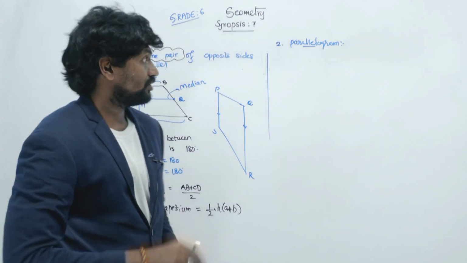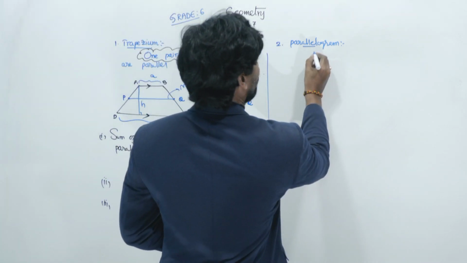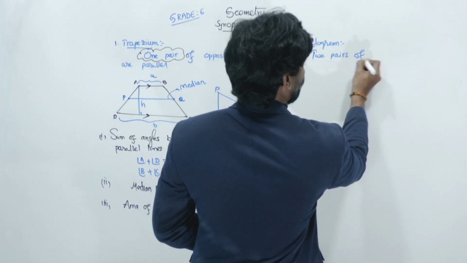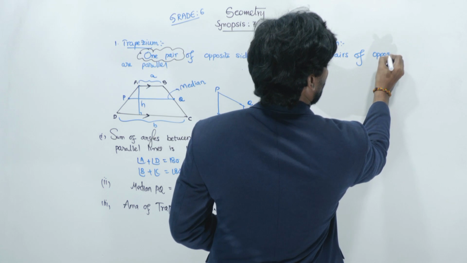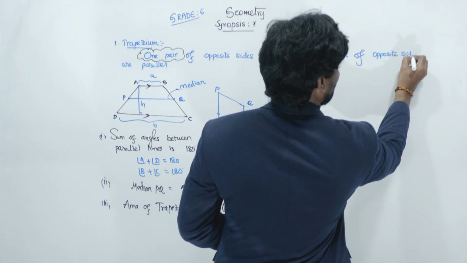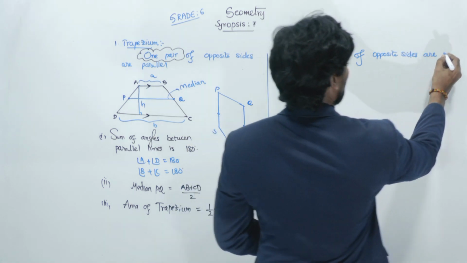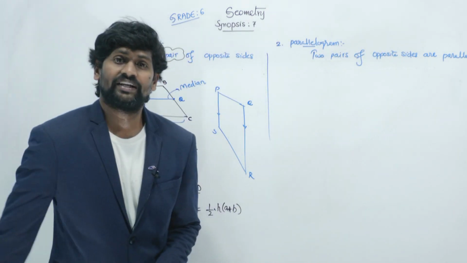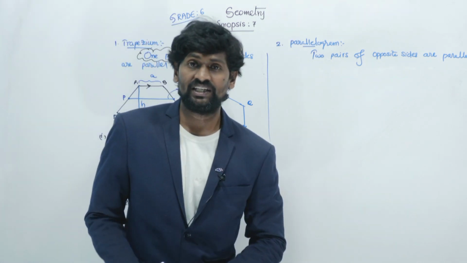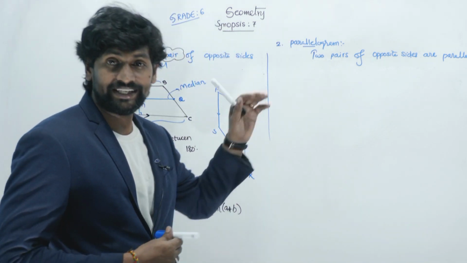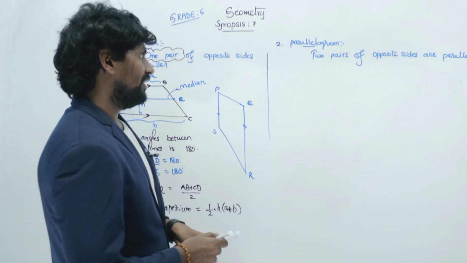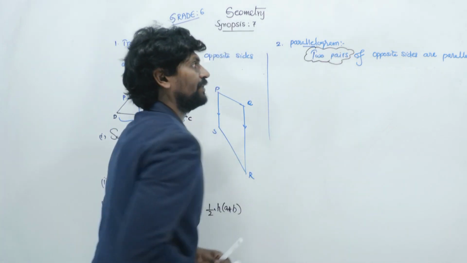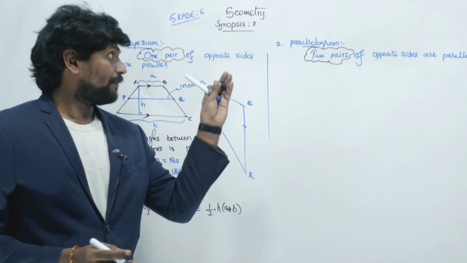The definition is two pairs of opposite sides are parallel. In a quadrilateral, if two pairs of opposite sides are parallel, it is called a parallelogram. Here how many pairs? Two pairs. One pair means trapezium, two pairs means parallelogram.